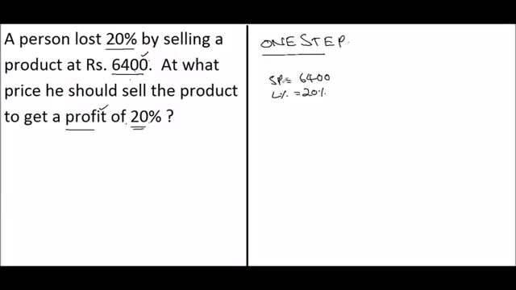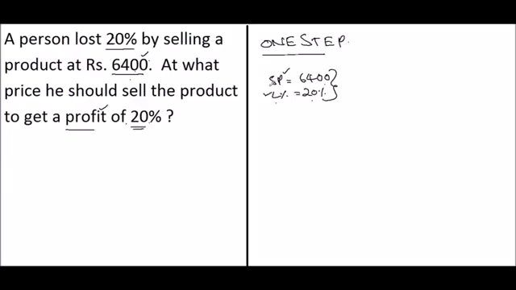Now, when selling price is 6,400, loss percent is 20%. The general method, just now we have discussed, first we will go for the cost price. But now I'm using a one-step solution for this. What is that one? Selling price is 6,400, loss is 20%.